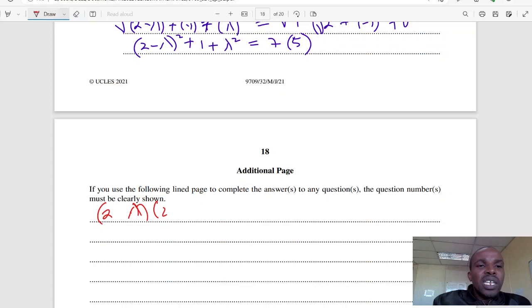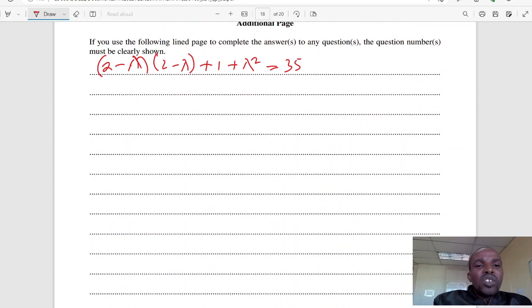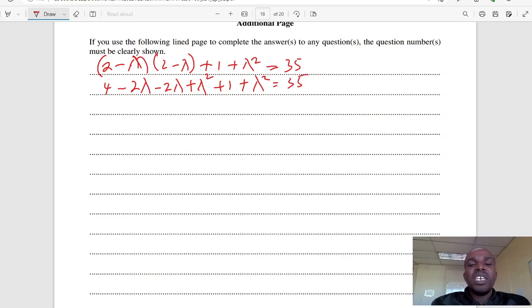It's not plus, it's minus: 2 minus lambda, then 2 minus lambda, then plus 1 plus lambda squared, equals 35. 2 times 2 is 4, 2 times minus lambda is minus 2 lambda, then minus 2 lambda, then plus lambda squared, then plus 1 plus lambda squared is equal to 35.